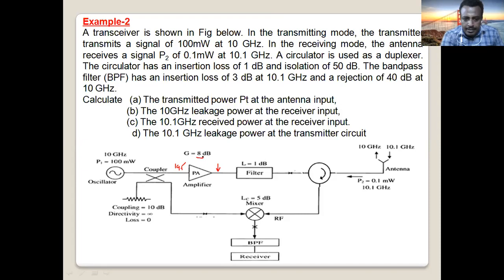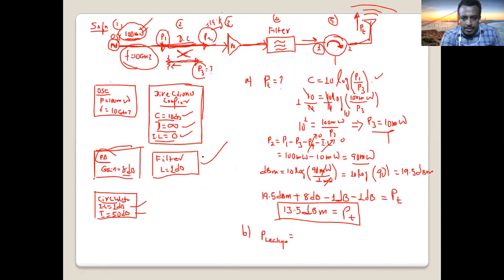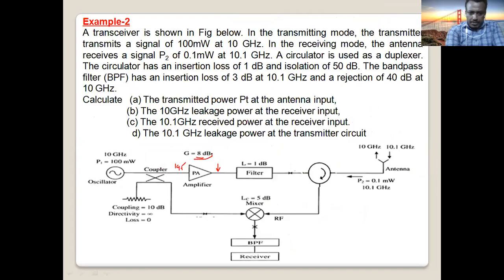We add 8, because this is gain, so 19.5 dBm plus 8 will be 27.5 here, because of the amplifier.